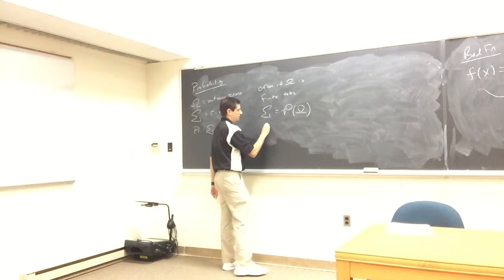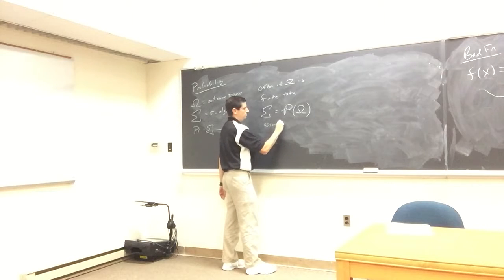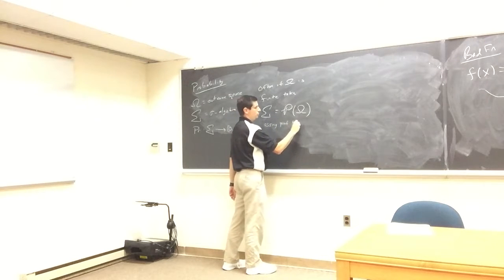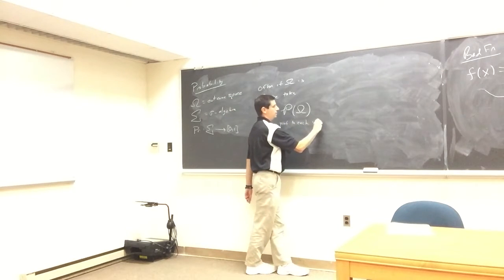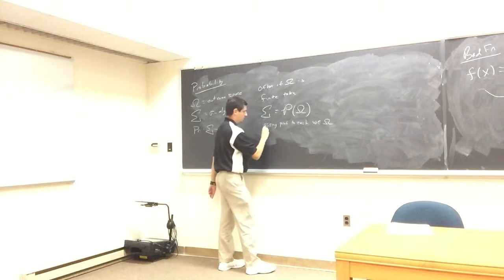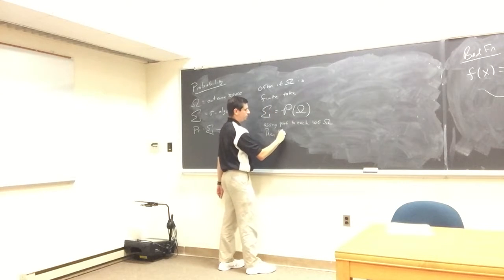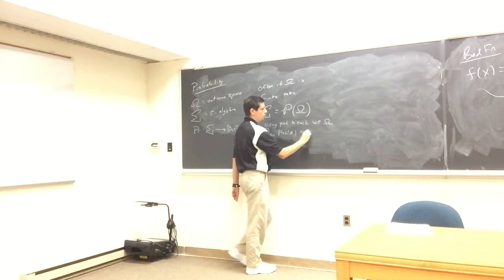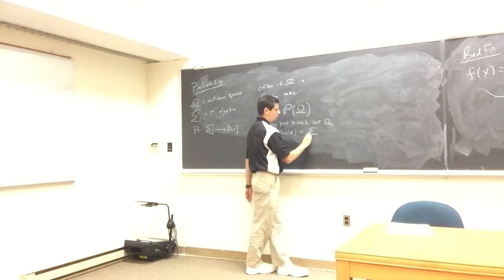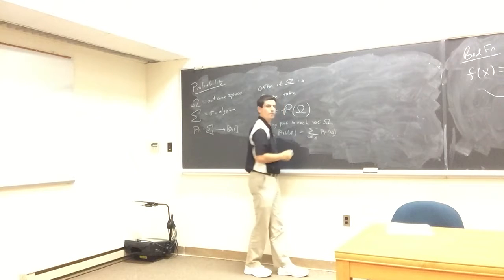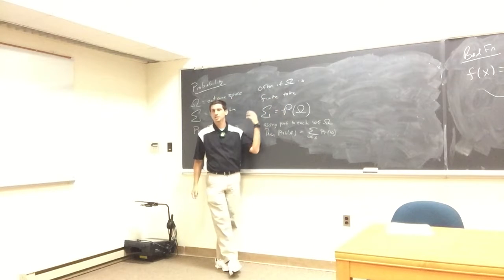So assign a probability to each omega in omega, then the probability of A would be the sum over all omega in A of the probability of omega. This is one way to build a space where we can talk about probabilities.